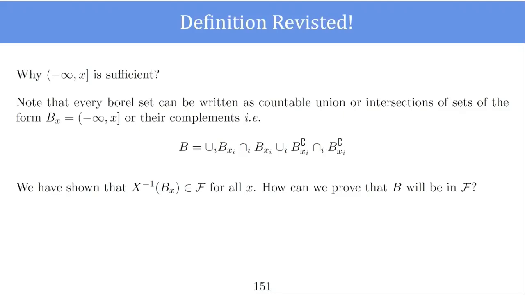Then you take another set B3, which is from minus infinity to 3. If you take the intersection of these, you will get 2 to 3, which is open at 2 and closed at 3. So you get semi-open sets.